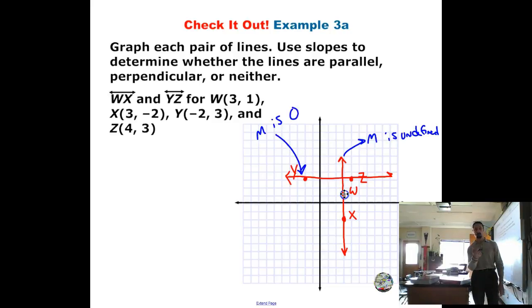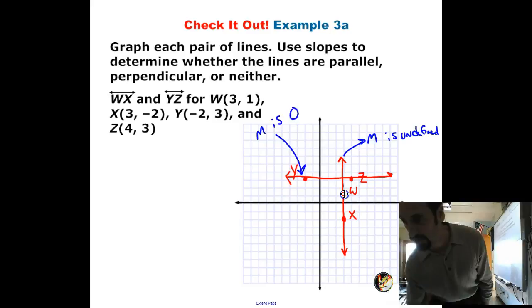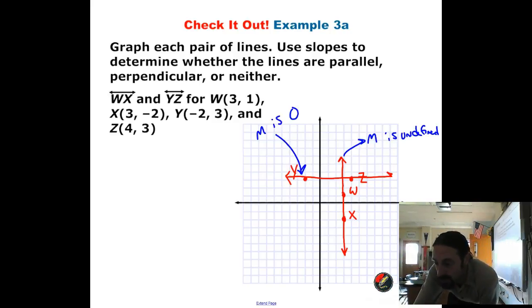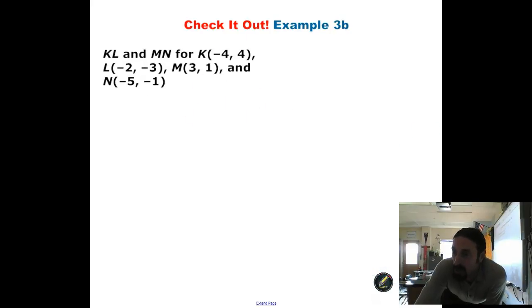According to my theorem back here, those are definitely perpendicular lines. If you're going to do other examples where you need to check whether lines are perpendicular or parallel, you need to find the slope and then evaluate if the slope is the same, if it's opposite reciprocals, or if it is neither. And that's exactly what they want you to do in this problem here.